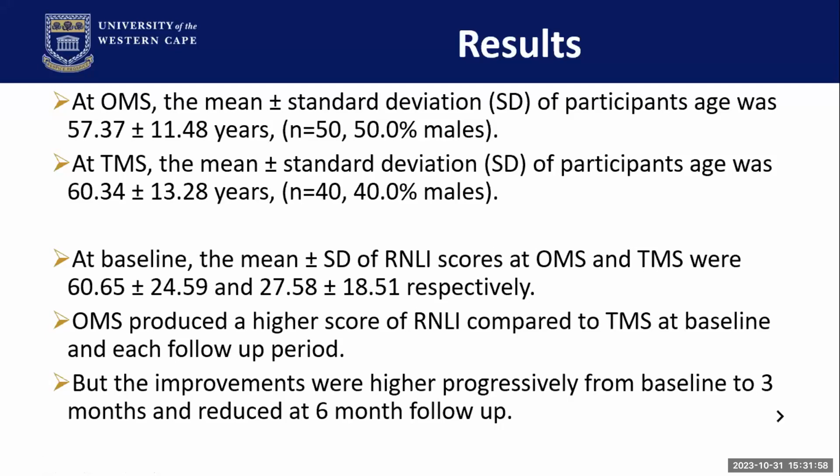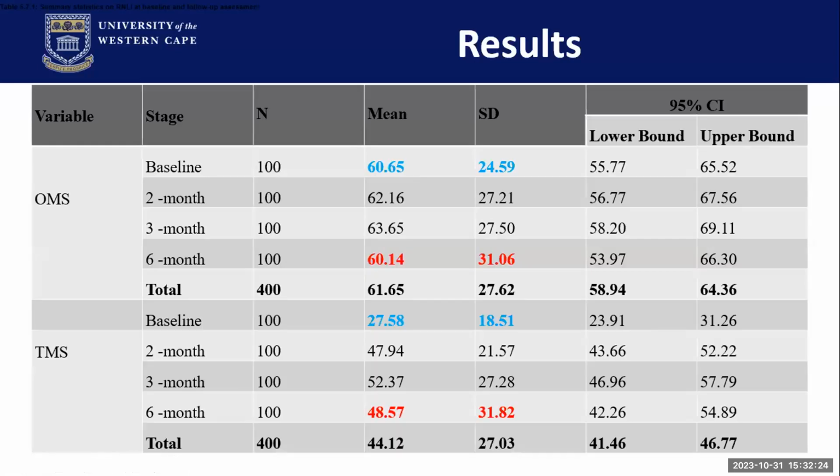When you look at the results, you realize that the orthodox medicine setting produced a higher score of community reintegration of these patients compared to the traditional medicine setting at baseline and at each of the follow-up periods. But the improvements were also higher progressively, but the improvement was reduced at the 6 months follow-up period.